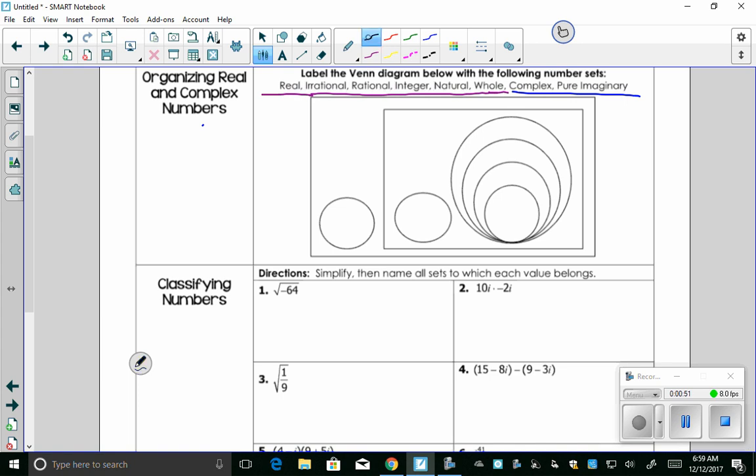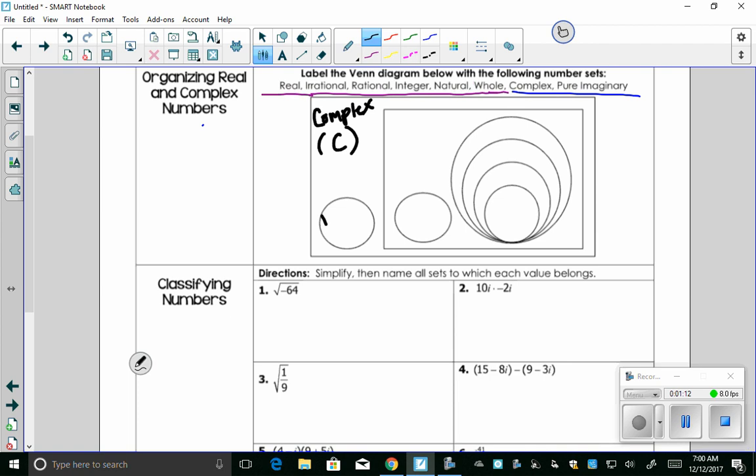So first of all, we have complex numbers, and that consists of everything. Then, after complex numbers, we have the imaginary numbers and the real numbers.